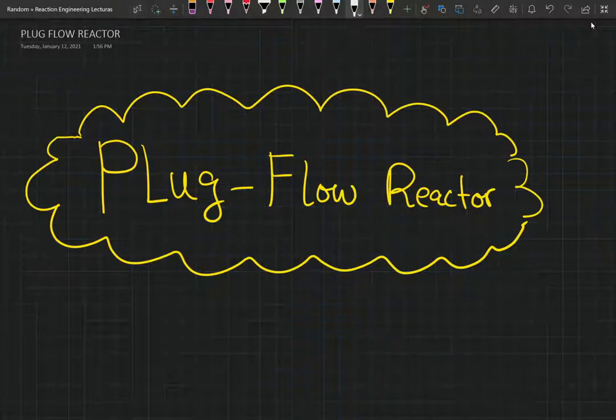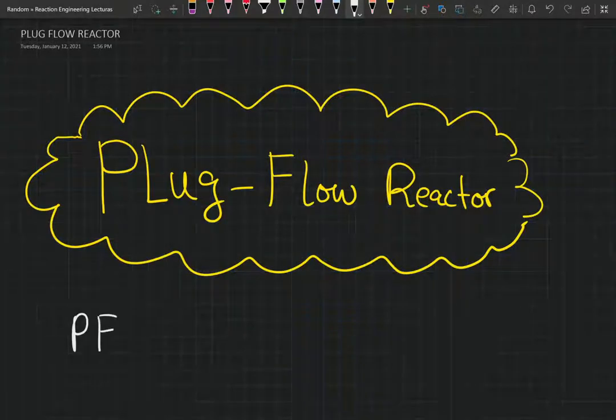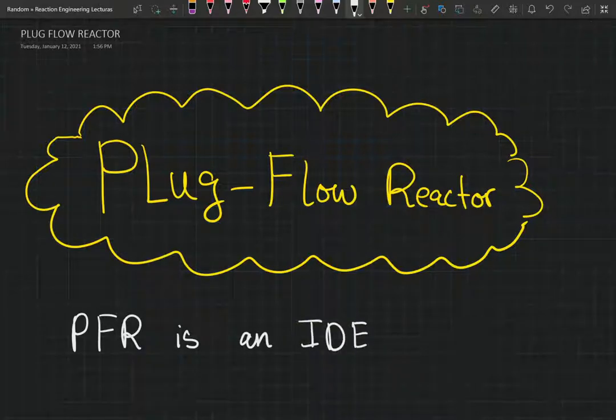So before we start talking about plug-flow reactor, I have to clarify that a plug-flow reactor, also known as a PFR, is an ideal reactor. Keep that in mind. And what do I mean by ideal?